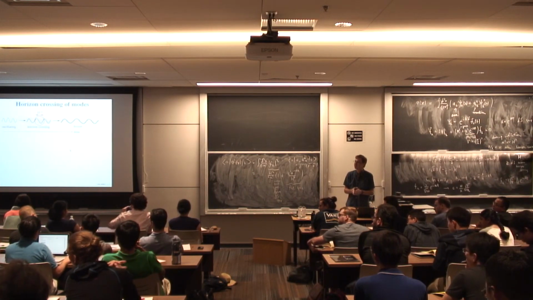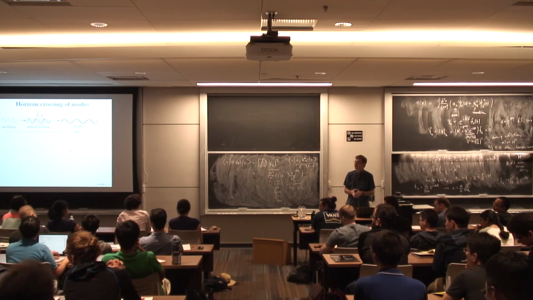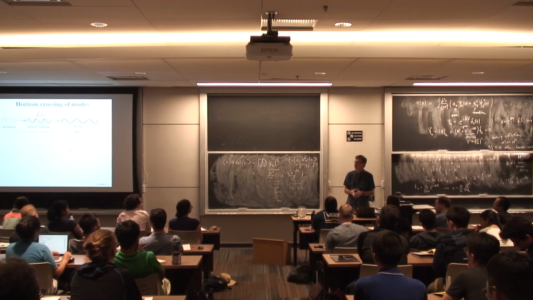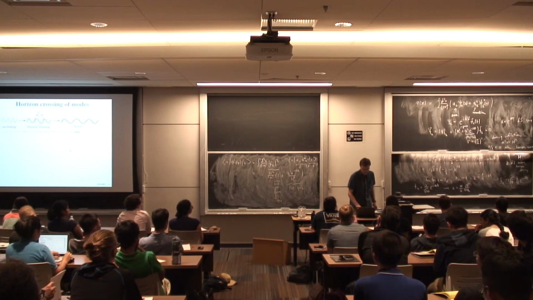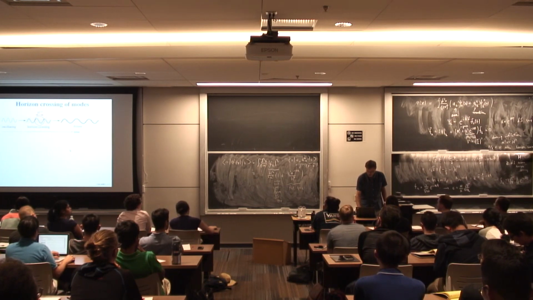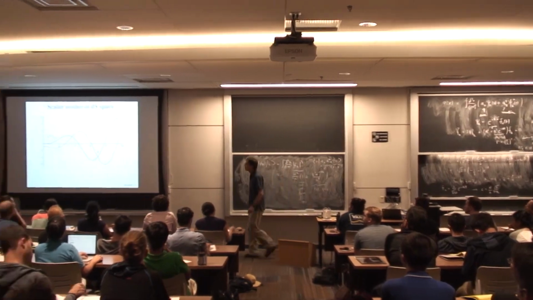So I might have just missed this, but at what point in the calculation can we see the freezing out of modes? If you take z greater than 1, is there a line? It's just this picture of the exact behavior of the modes.